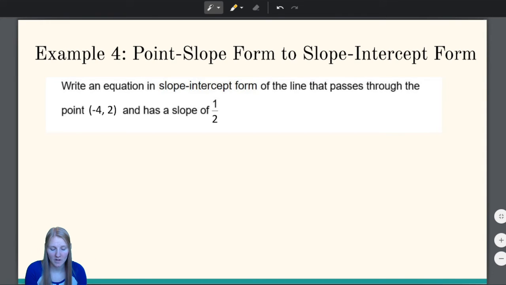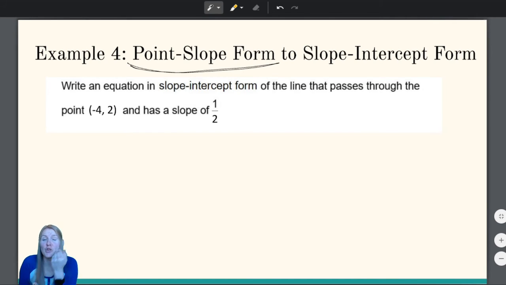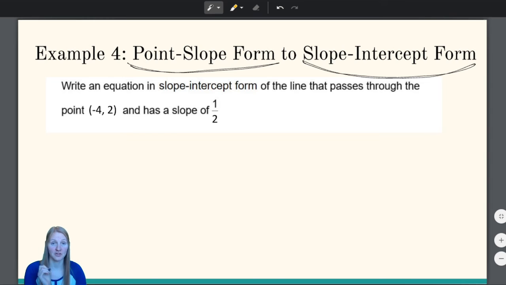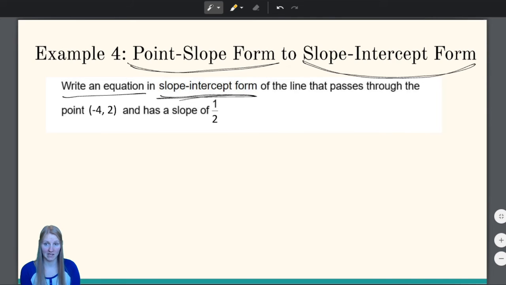So now, example 4 is, I'm starting with point slope form, and I'm going to turn that into slope-intercept form. Example 4 says, write an equation in slope-intercept form of the line that passes through the point -4, 2 and has a slope of 1/2.